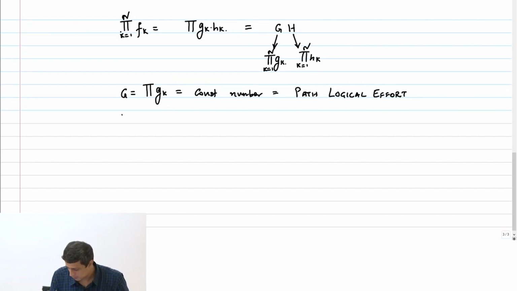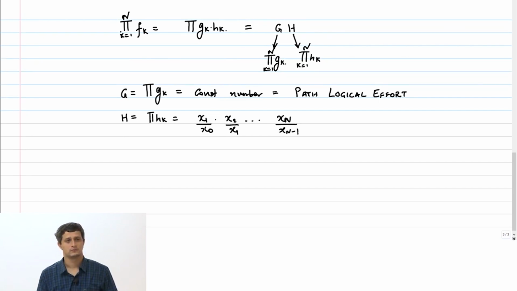Okay, what about this capital H, which is the product of hk? It's nothing but x1 by x0 into x2 by x1 all the way to xn by xn minus 1. So this is the other advantage of choosing our variables as the capacitance.